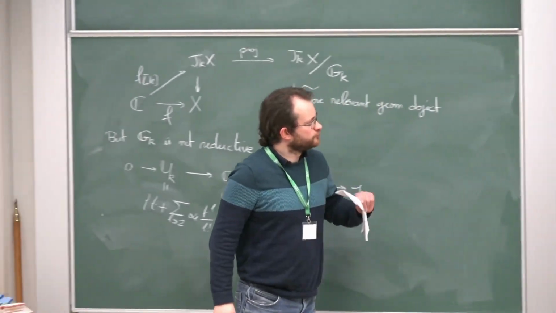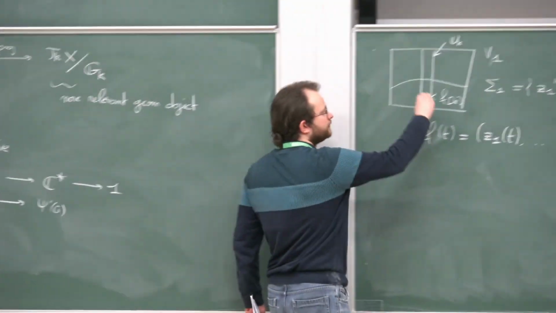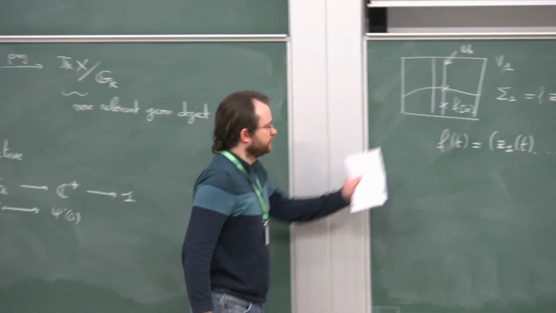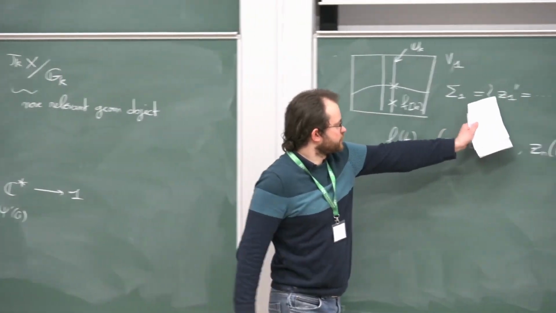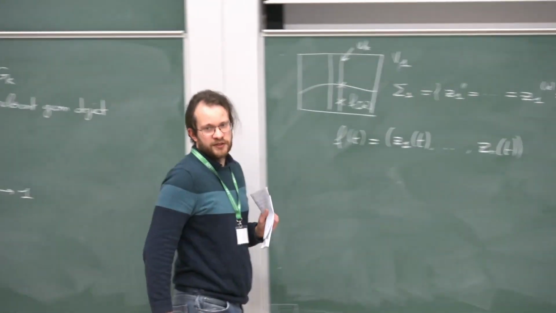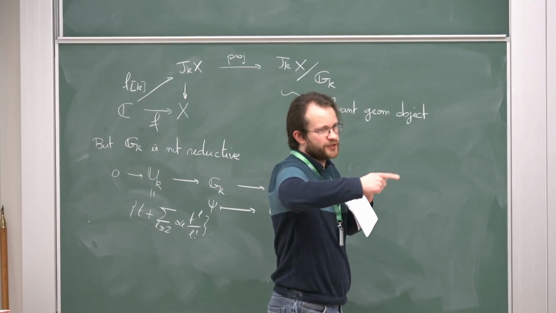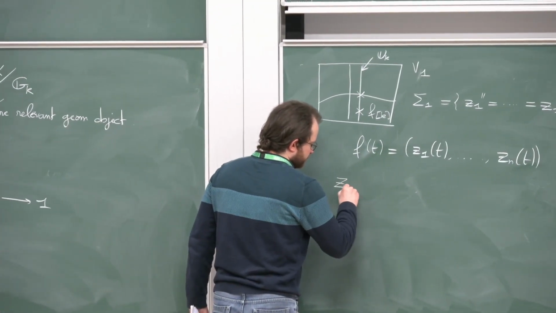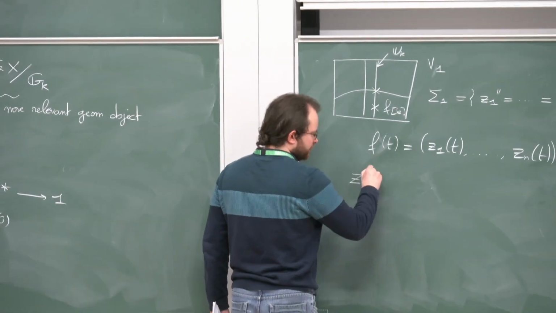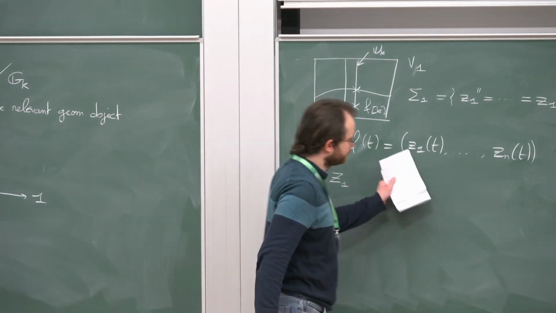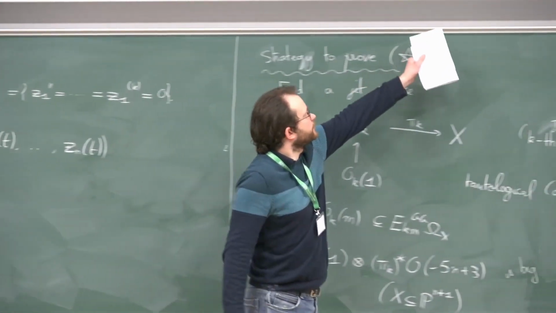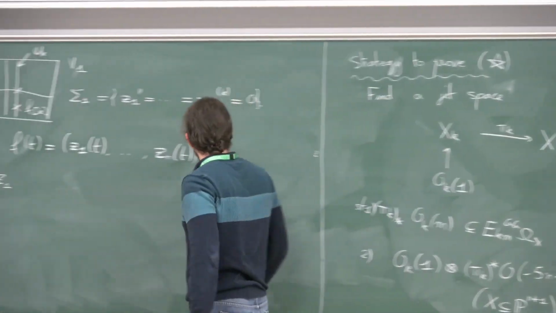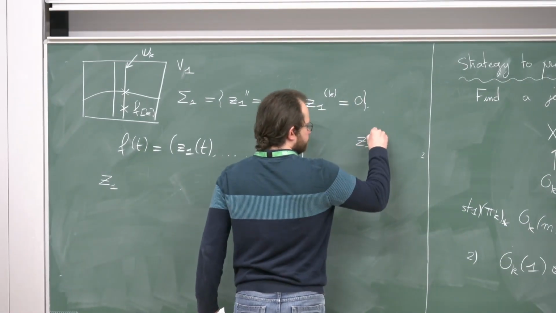So how do you find the point in the same orbit such that all the derivatives in z_1 are 0? Well, simply, you reparameterize f(t) by the z_1 coordinate. You can do that because you are in the chart where z_1'(t) is different from 0 at the origin.